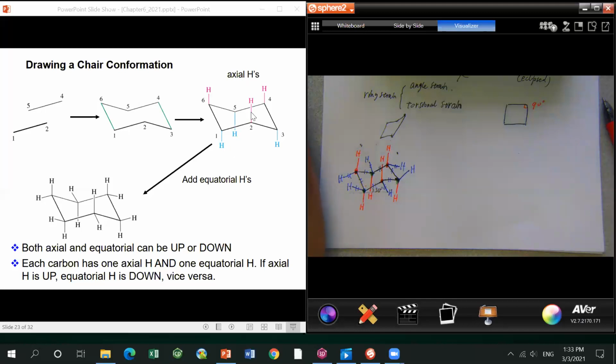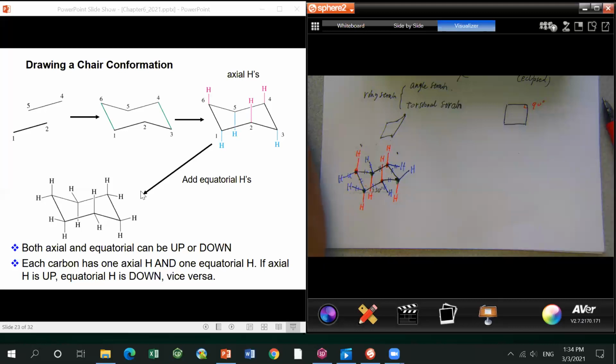Most important, draw the axial bonds first, three going up and three going down, and then add the equatorial bonds. If the axial bond is going down, the equatorial bond should go up. If the axial bond is going up, the equatorial bond should go down. If you follow this step, you won't miss anything.